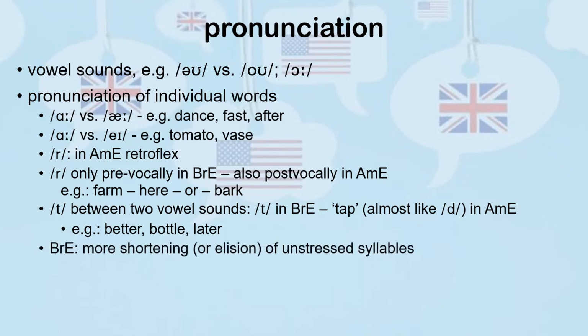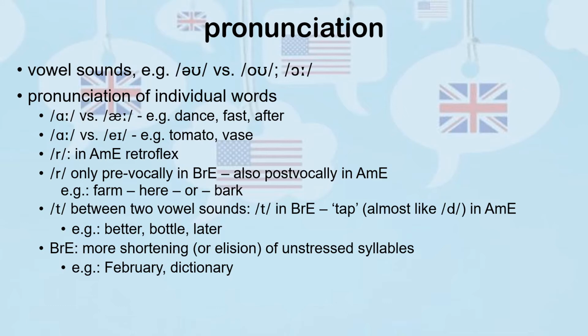British English also tends to have more shortening of unstressed syllables, or even elision, meaning they're left out. If you listen to the second month of the year in British English, especially in fluent spoken English, you get February or even February.